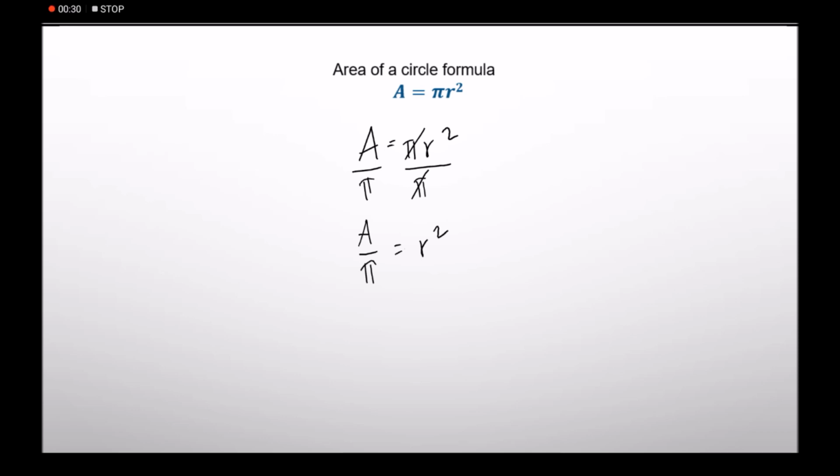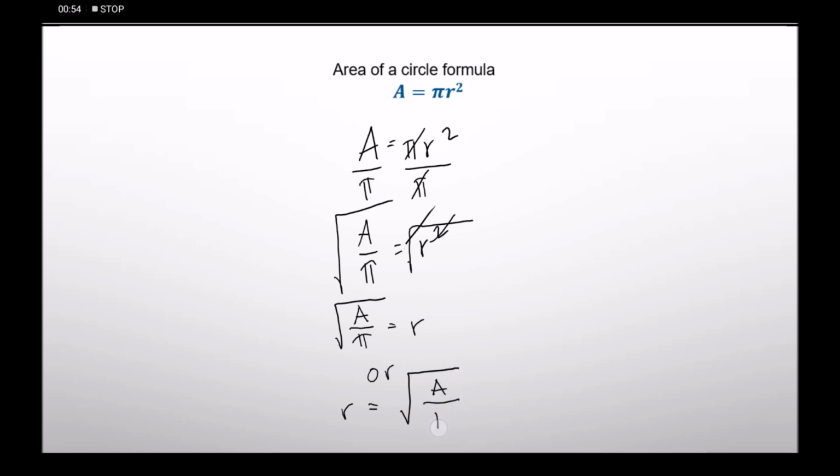Now to remove the power, we have to square root both sides. So cancel out the square and the square root. So what will remain will be square root of area over pi is equal to r. Or you can have radius is equal to square root of area over pi. So that will be our formula in finding the radius of a circle using the area.